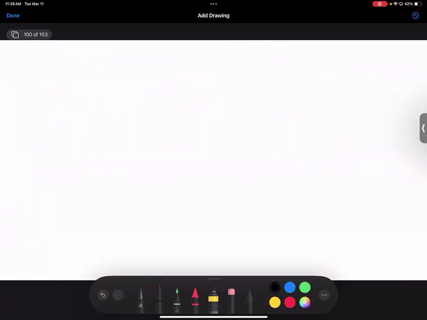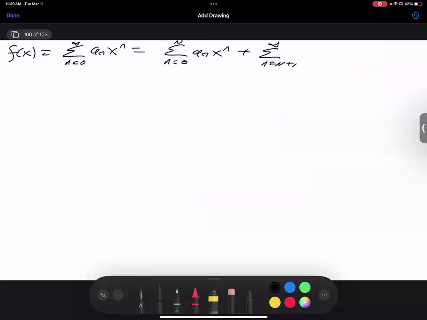Okay, so let's let f of x be the sum, n goes from 0 to infinity, of a_n x to the n. We can write that as the sum, n goes from 0 to capital N, of a_n x to the n, plus the sum, n goes from N plus 1 to infinity, of a_n x to the n. Call the second part G_N of x. Does G_N of x converge?